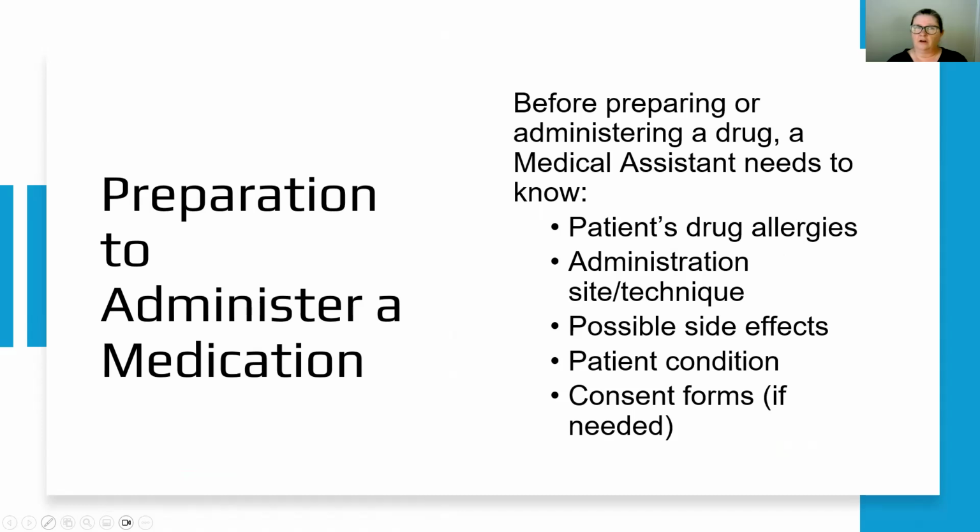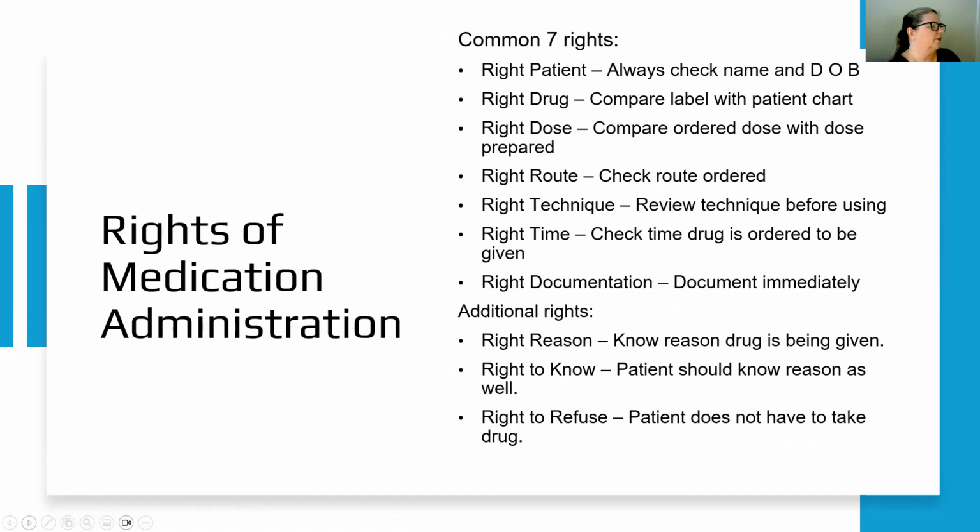If they are, say, vomiting, you don't want to give them an oral medication. It'll do no good. They'll take it, they'll drink it or swallow it, and it'll come right back up. So just be aware of that. And then if there's any consent forms that need to be signed before you administer something, make sure you have those ready and signed prior to drawing up or retrieving your medication.